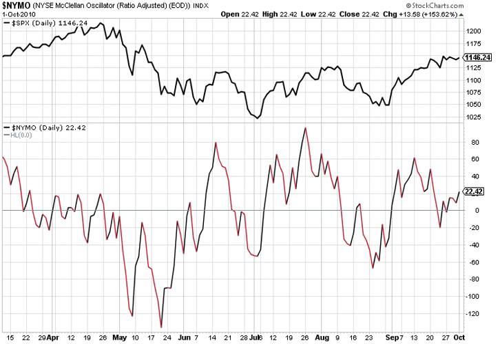To derive the oscillator, you subtract the 39-day exponential moving average of net advances from the 19-day exponential moving average of net advances. While the McClellan oscillator has been a staple of technical analysis for 40 years, I prefer to use my own homemade advanced decline momentum oscillator.